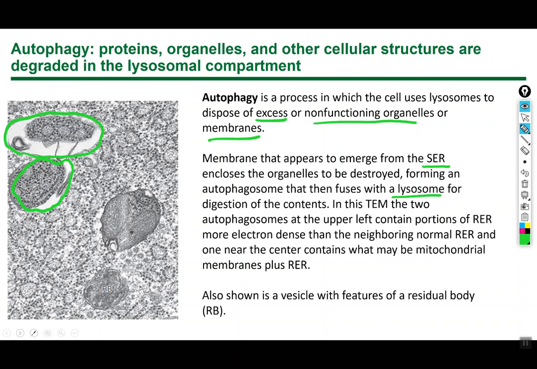So here we have this one. So these kind of study guys, see those little electron-dense regions that are sort of making little speckles? Those are ribosomes.